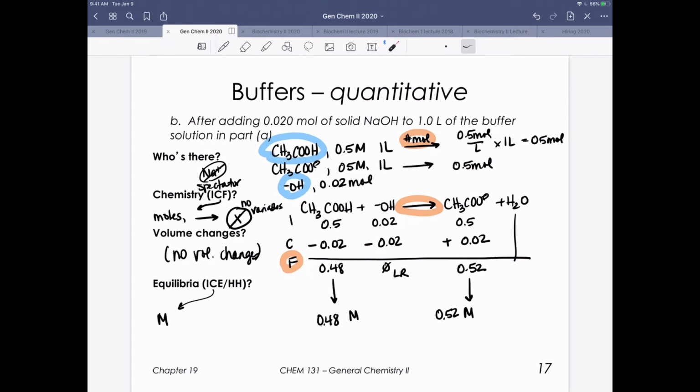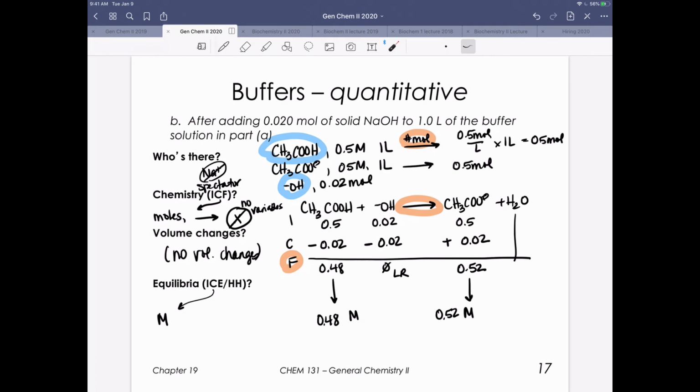So here's our ICF table. Just another little review here. An ICF table is going to be used when you have chemistry that looks like this: one-way reactions, not equilibria. We need to have moles in our ICF table, not molarity. And we don't ever see variables in this part of our chemistry. We're just using an ICF table as a way to keep track of everything that's going on.